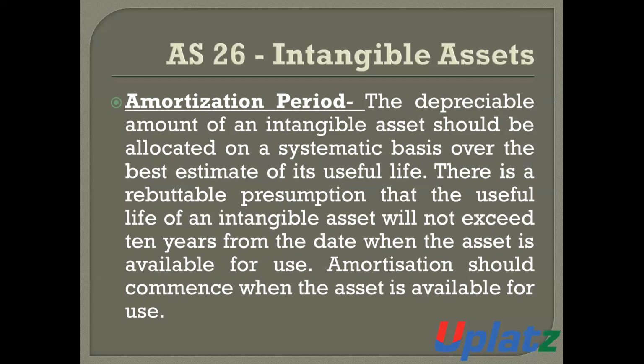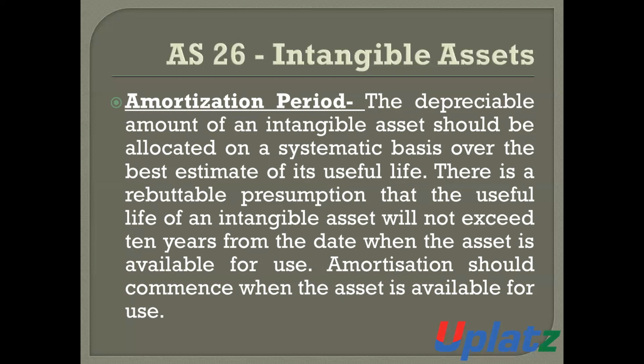There is a rebuttable presumption that the useful life of the intangible asset will not exceed 10 years from the date when the asset is available for use. That is, there is an assumption that the useful life will not exceed 10 years from the date when the asset is available for use.